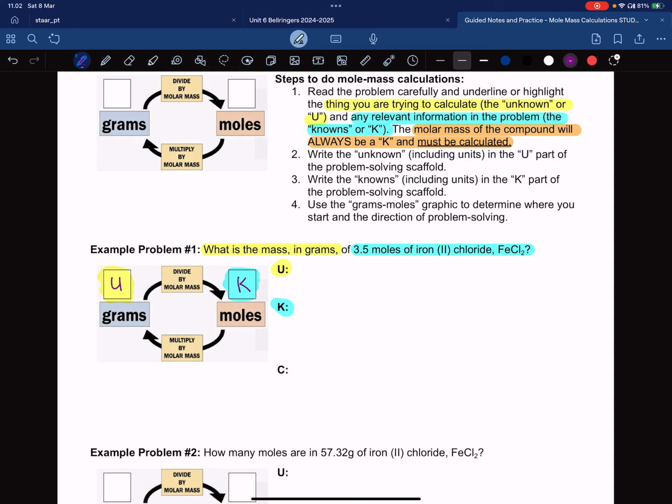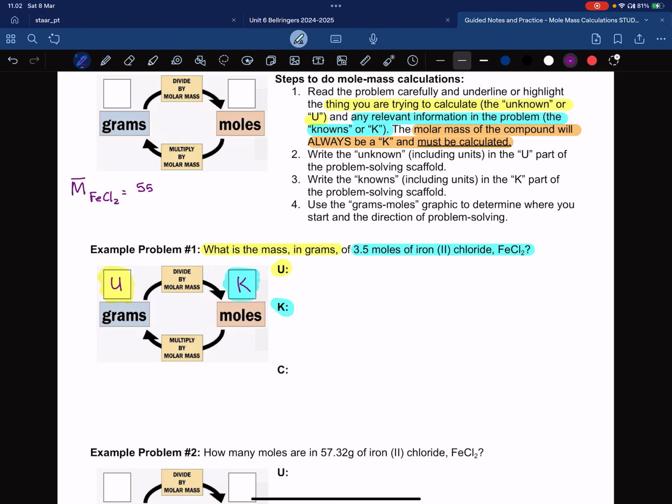This particular compound is iron 2 chloride. Normally you would just do this on your calculator, but I'm going to show it because these are notes.